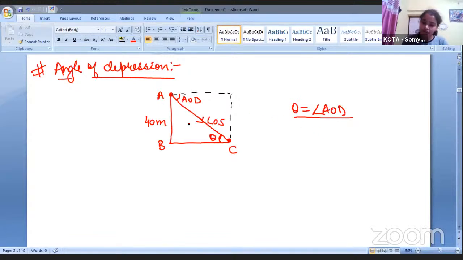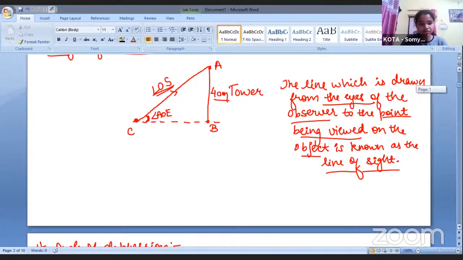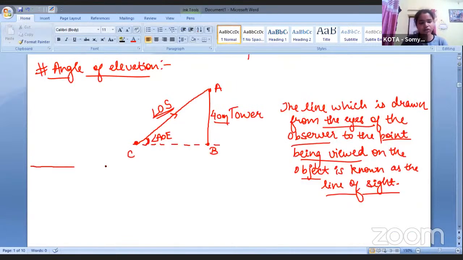So I made you all write the definition of line of sight. Yes, ma'am. Okay, now write the definition of angle of elevation also for your further reference. The AOE, I am writing. If you want to write, you can write.